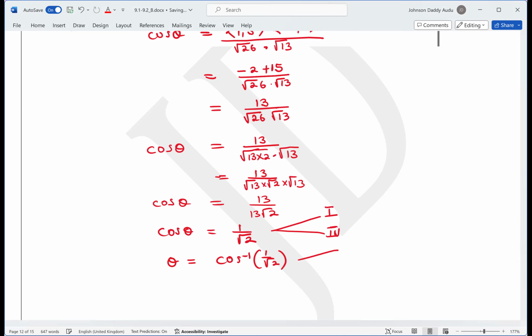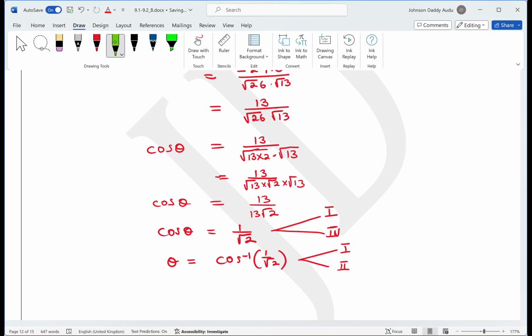And cosine inverse is going to be in the first or in the what? In the second quadrant. So which quadrant is common? It's still the first quadrant that is common. So this is just a coincidence. It's not always the case that you have to be in the first quadrant, right? So take note of that.